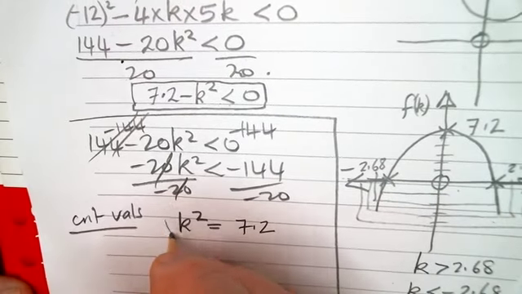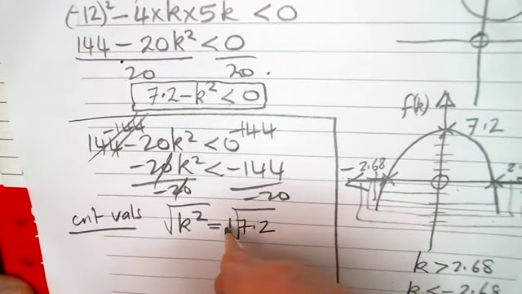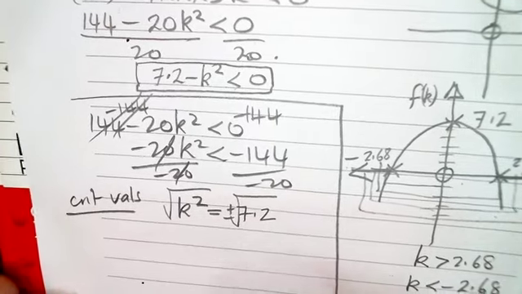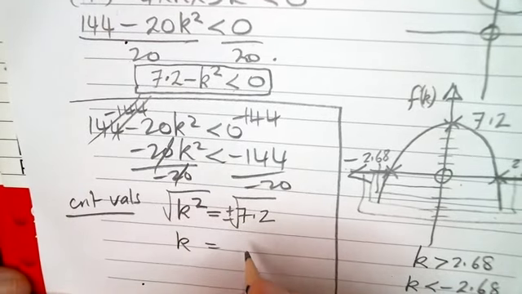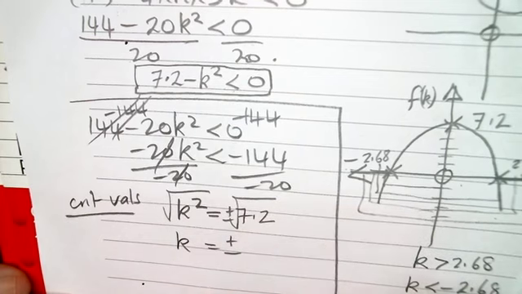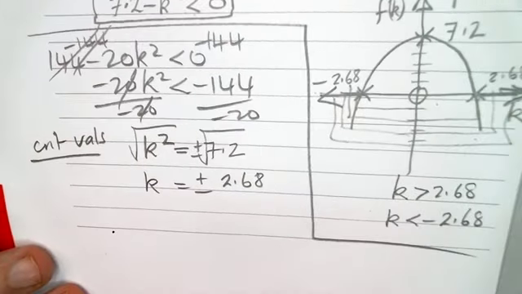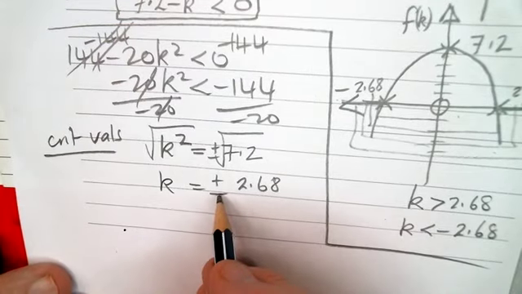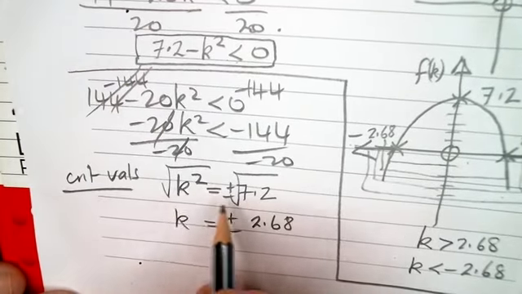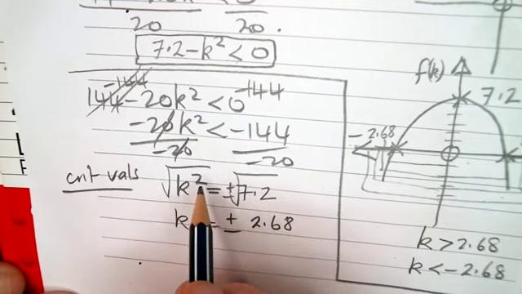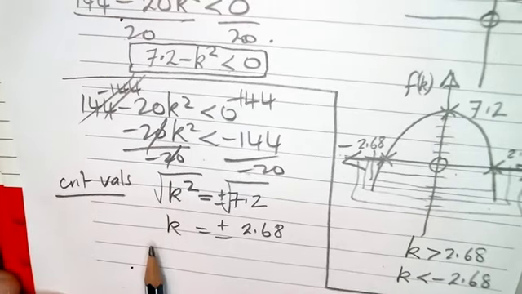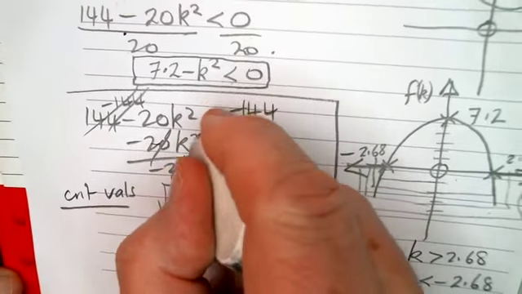So I'm going to find the square root of this side and the square root of this side, which is going to be plus or minus, of course. So k is going to equal either plus or minus 2.68, is what we got. And when I put this on the other side, I've divided both sides by a negative, so I have to change the inequality.